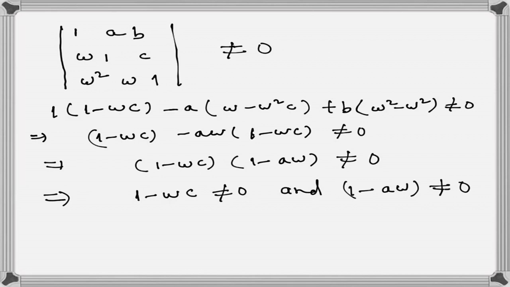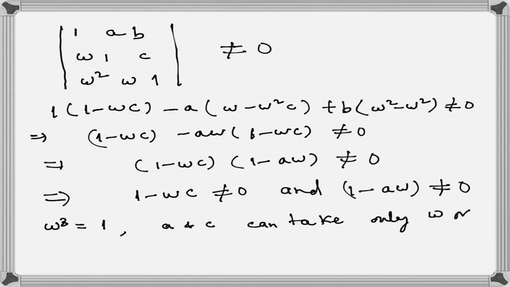Okay, so this is the condition we got. Now there is another condition, which is W cube is 1 and A and C can take only W or W square.